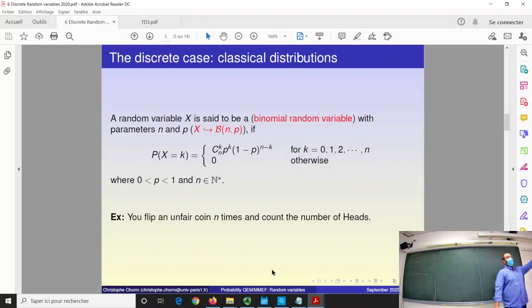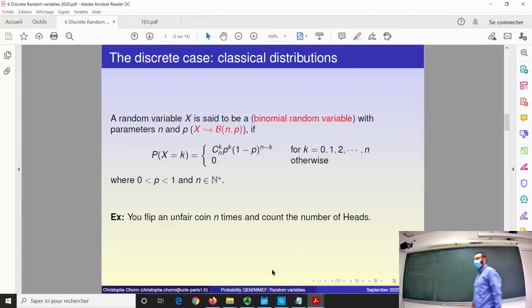So a priori, if you come back to the slides, I have to prove. What is the set of the possible values for capital X? 0, 1, 2, up to n1. What is the set of the possible values for Y? 0, 1, 2, up to n2.